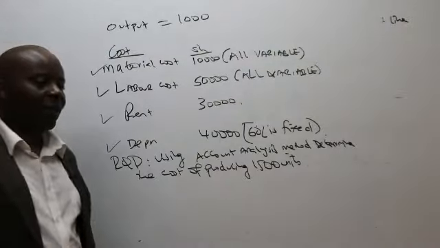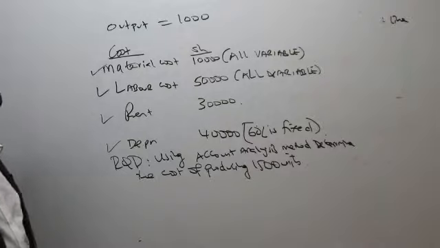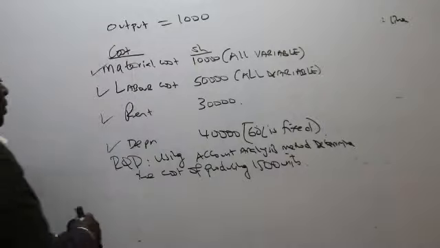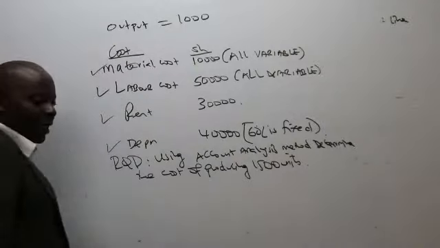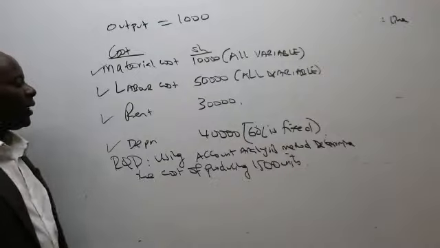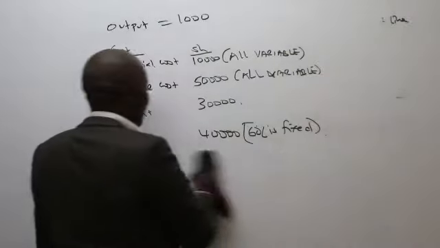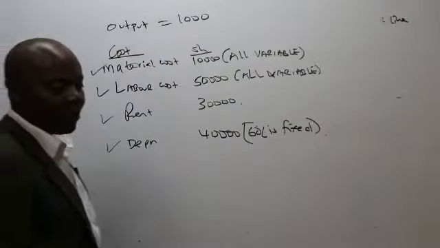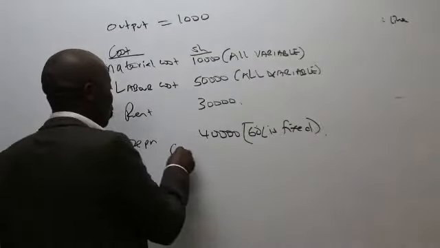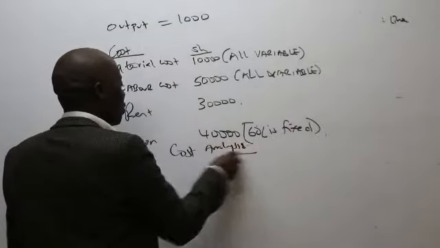Okay. So the cost of producing 1,500 units. This is quite an easy thing. Solution. What am I supposed to do here? I will come here and do a cost analysis.